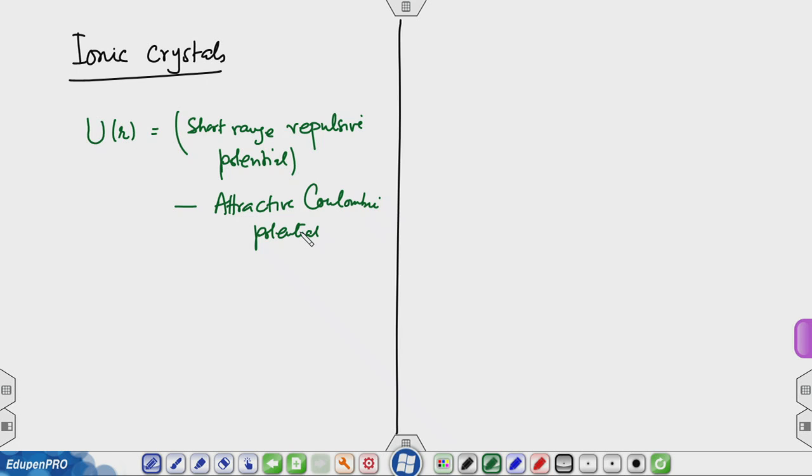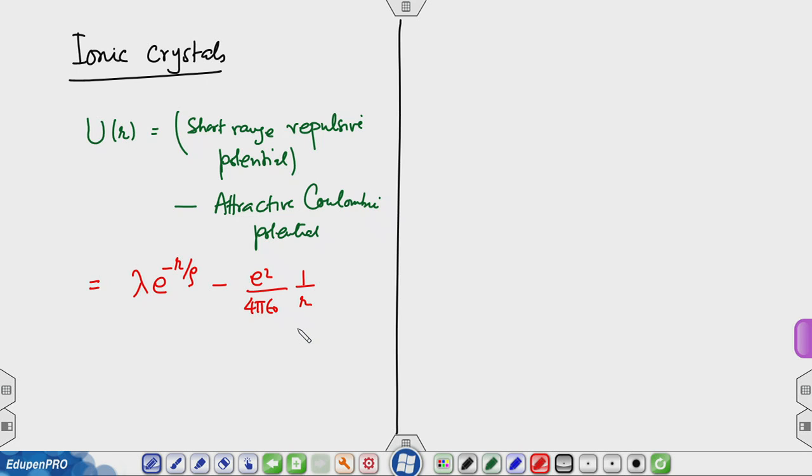And you can write the short range part as an exponential. So, this was written as some lambda e raised to minus r over rho, where rho and lambda are the parameters, and minus some e square over 4 pi epsilon 0, where I am assuming there is this electronic charge on the system, 1 over r. This should be small r. So, let me correct that. This is small r.